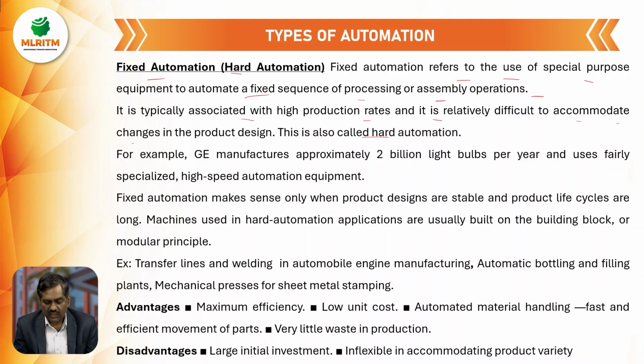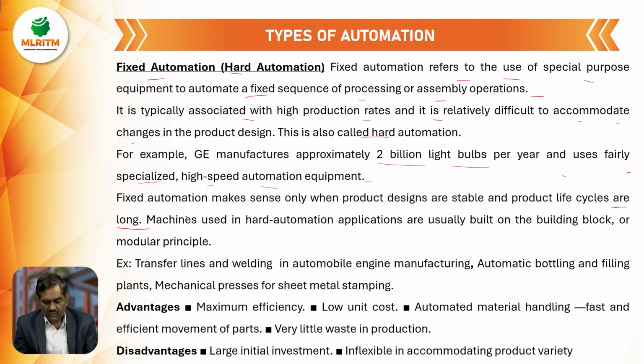For example, GE manufactured approximately 2 billion light bulbs per year and uses fairly specialized high-speed automation equipment. So we can say fixed automation is also a type of mass production, which makes sense only when product designs are stable and product life cycles are long.